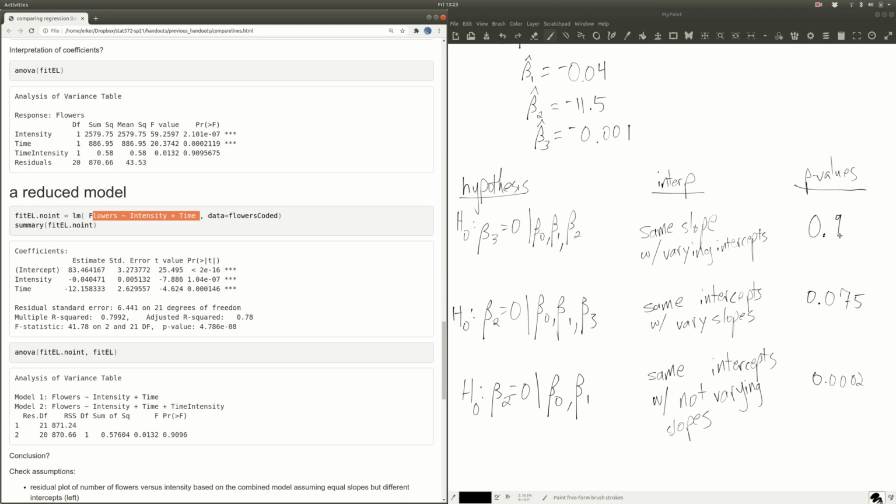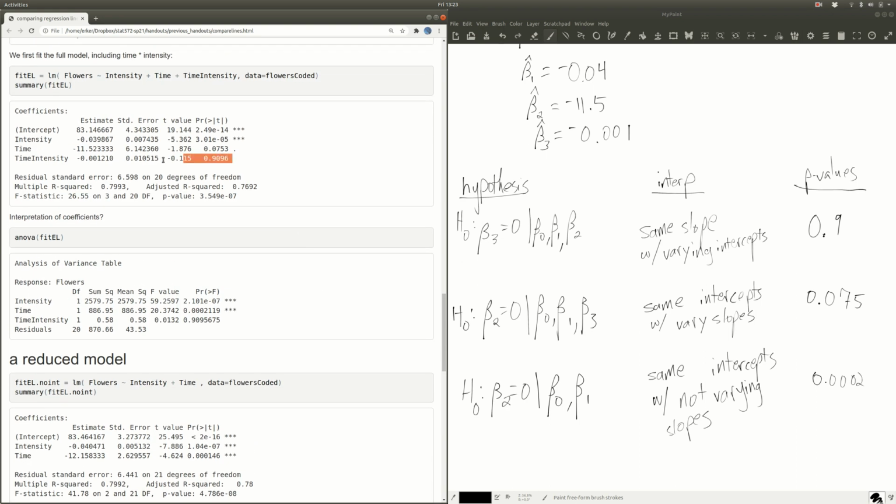So it's the very same test. This test done with the additional sums of squares is the same as this test here.